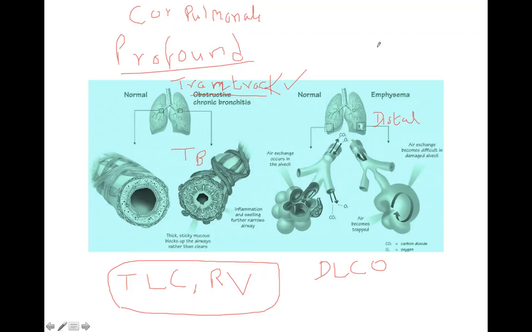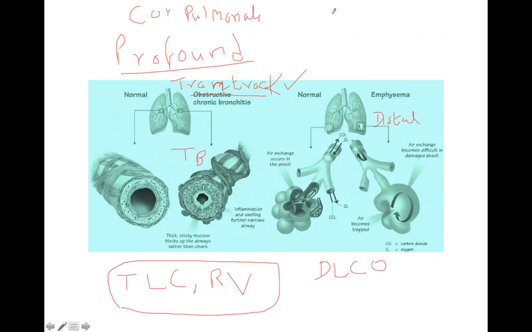Bronchitis affects the terminal bronchioles, and emphysema affects the airways distal to the terminal bronchioles, that is, the respiratory bronchioles, alveolar ducts, and alveoli. The air exchange occurs distal to the terminal bronchioles.